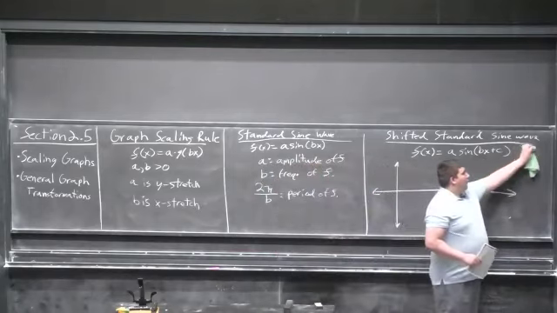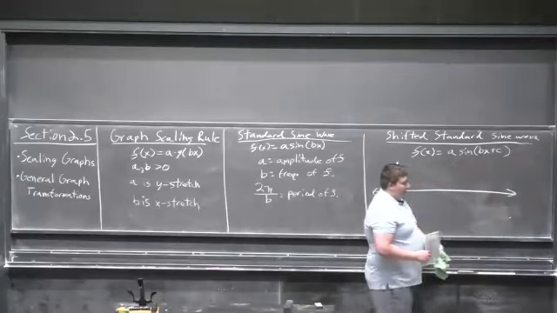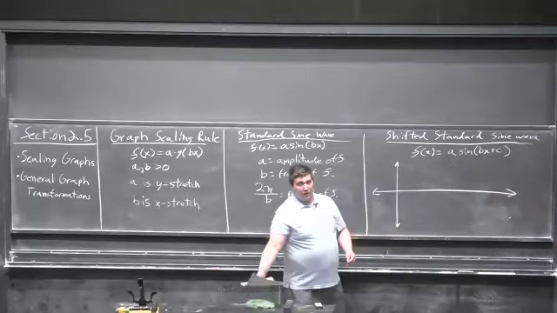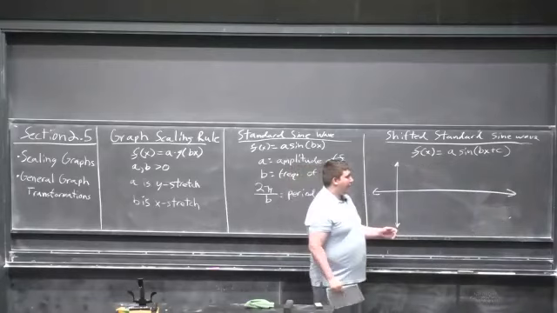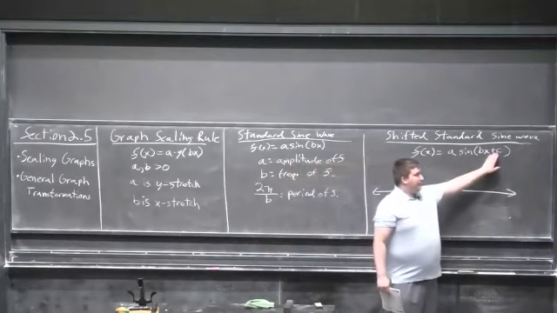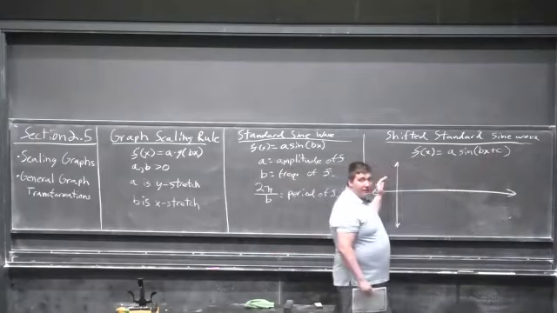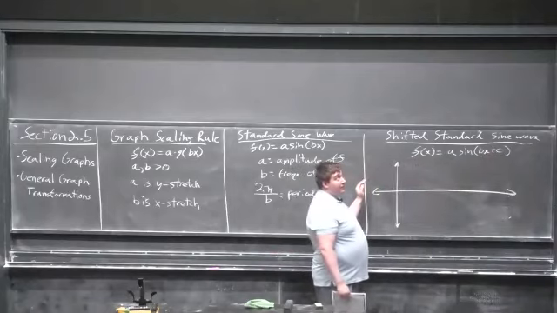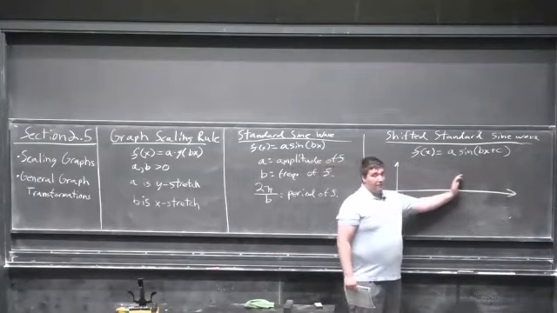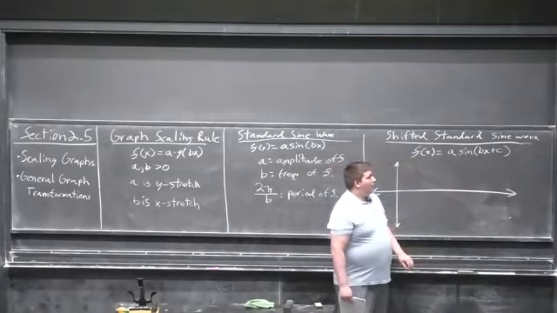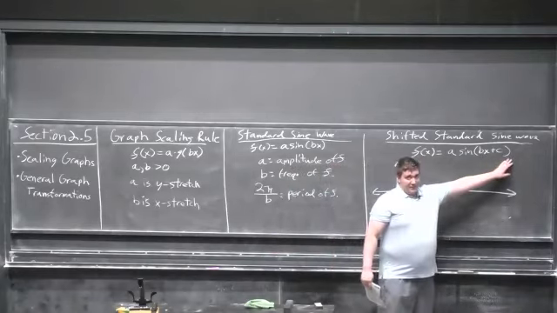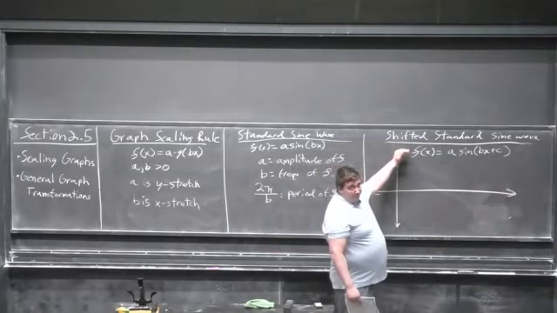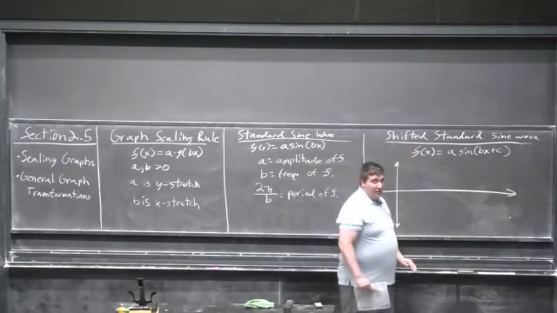So these shifts, again, kind of occur how you would anticipate. This plus c will shift it to the left if positive, and it'll shift it to the right if negative. If we have that d term, it'll shift it up if positive and shift it down if negative.